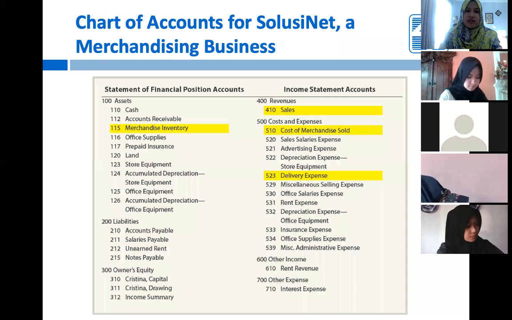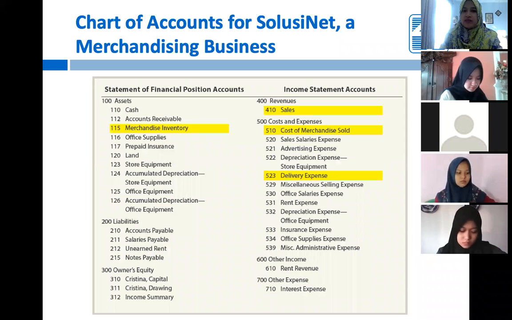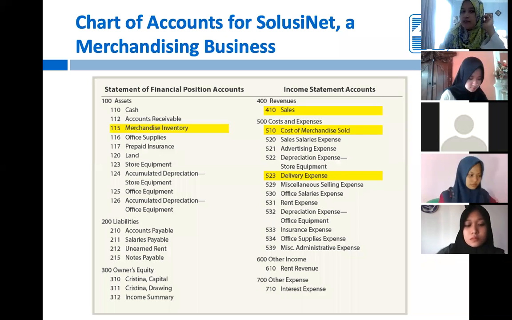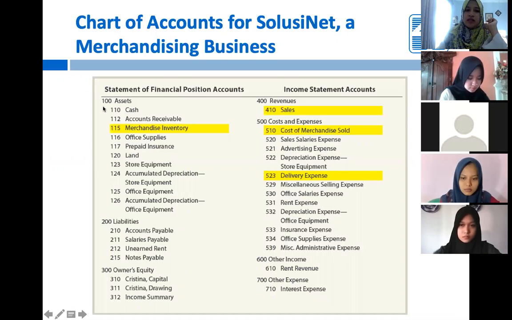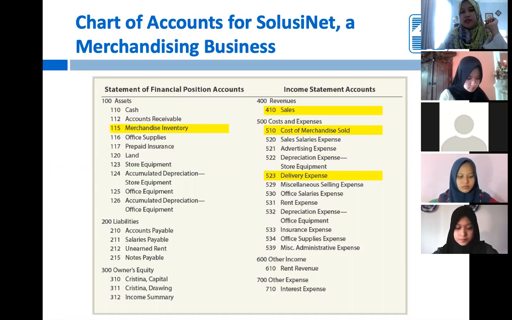So we continue with summarizing the chart of accounts for a merchandising business. Normally, the account numbering for a merchandising business will start with one code at the beginning for the classification of the items under the financial statements.